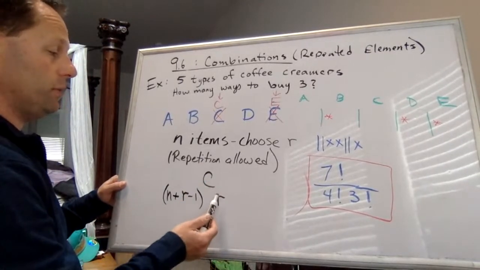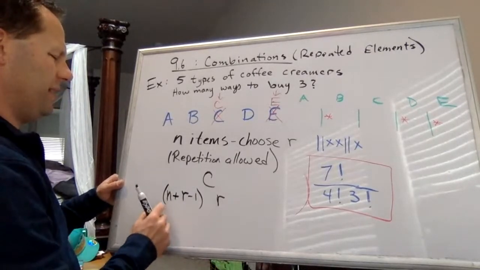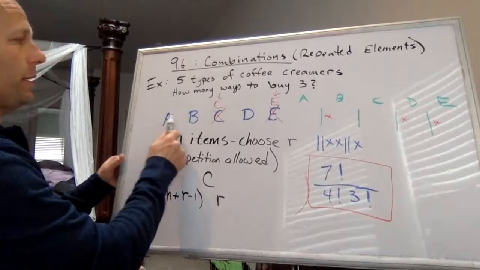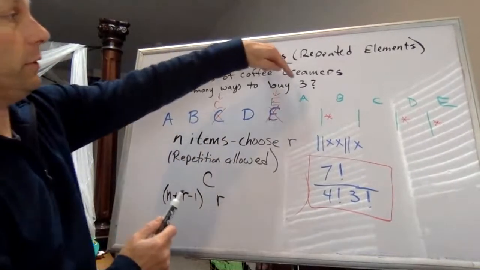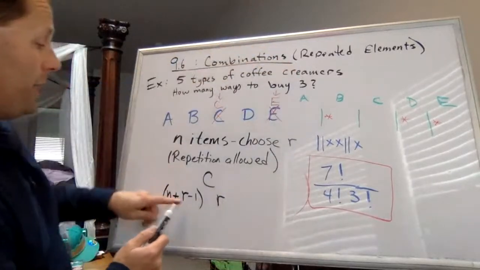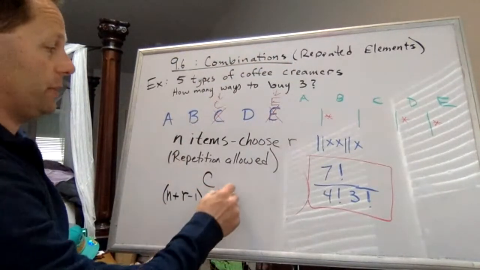So I'm choosing groups of size r out of a total number of choices of n plus r minus 1. That's why when I had 5 choices, that would be n, plus r equals groups of size 3, that's 8, minus 1, that would be 7 C r, which is exactly what we decided.